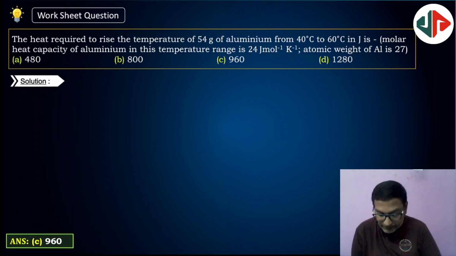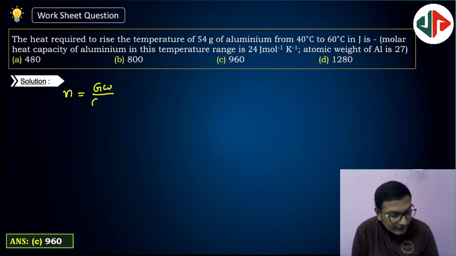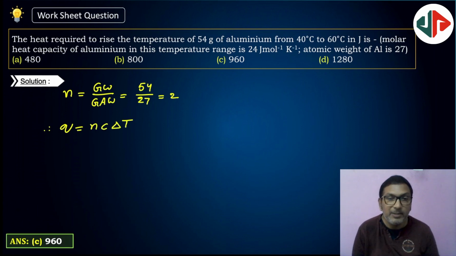First I am calculating the number of moles of aluminum: given weight by gram atomic weight, 54 by 27, which is 2 moles. Next, we know amount of heat equals N C delta T. N is number of moles, C heat capacity, delta T rise in temperature.